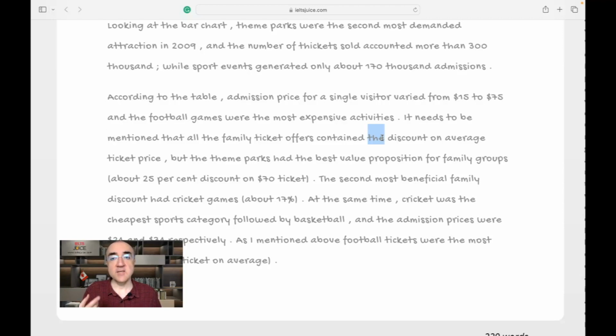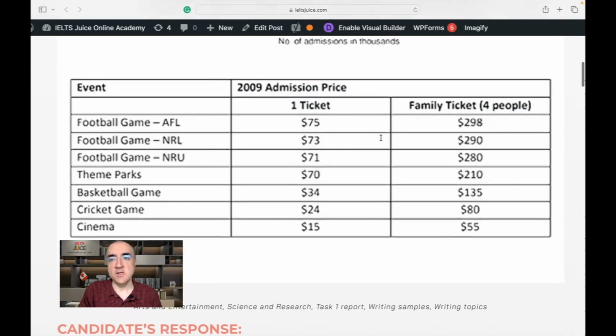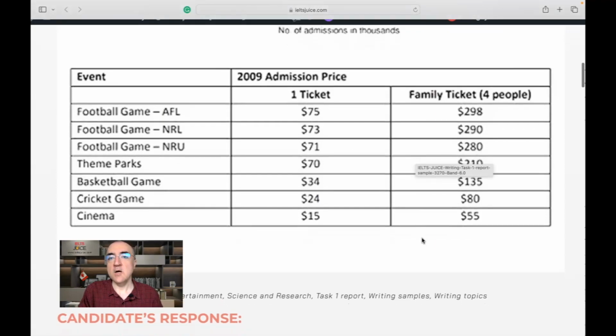We don't have that information in the visual. Let's scroll up and see if there is any mention of any discount here. Okay. Now I understand. There are 4 people, so if you multiply 75 by 4, you get 300, but they're asking for 298, so just $2 as a discount. The information is not there.